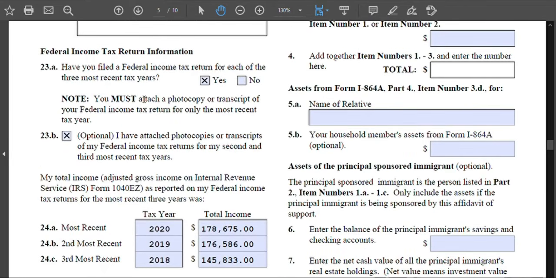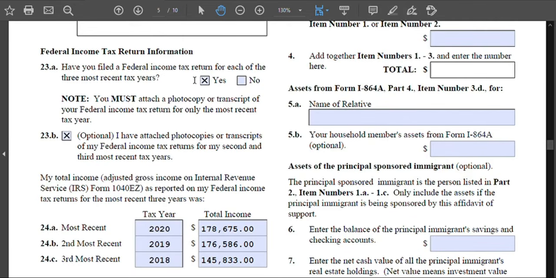Moving on. So this part is asking about federal income tax return information. For question 23A, obviously answer if you have filed tax returns for the most recent 3 tax years. If you have not filed for every one of the 3 years, you can select no and then also use the additional information page to explain why.